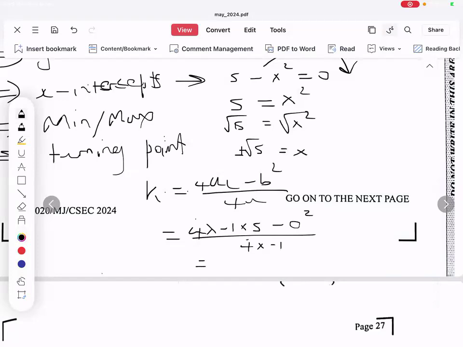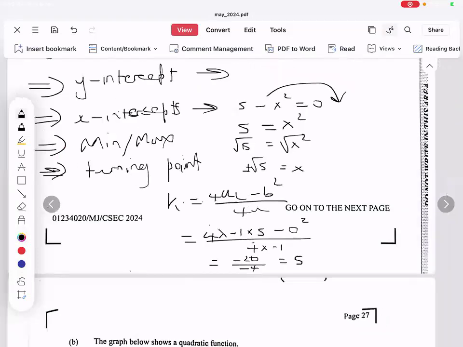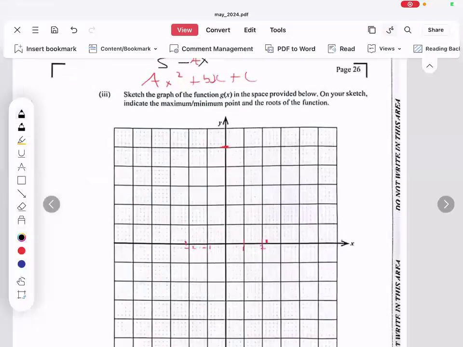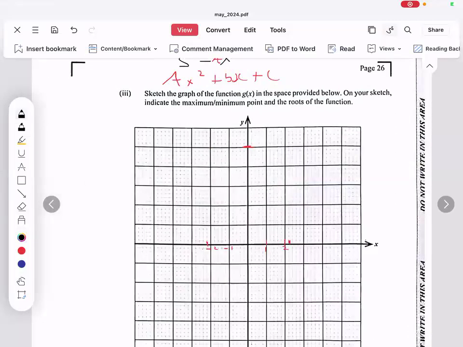Working that out, 4 times -1 is -4, times 5 is -20, over -4. So it works out that the minimum value is at 5. Basically, the maximum value, I should say, is at 5.